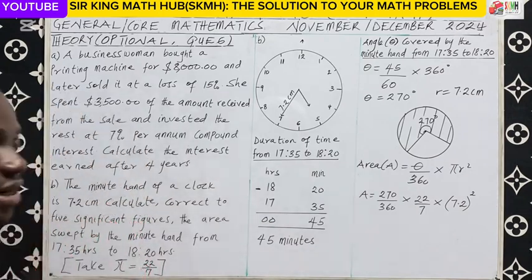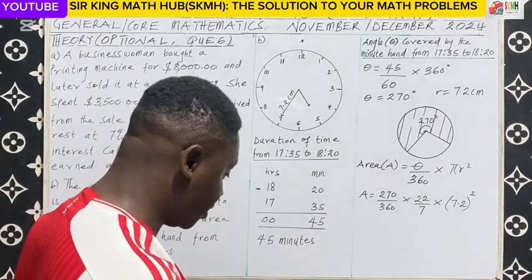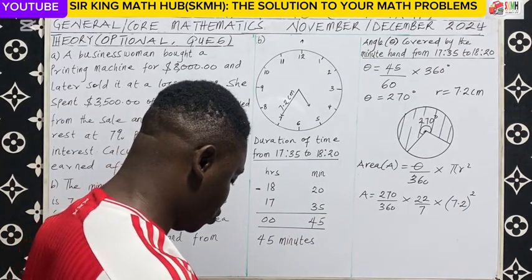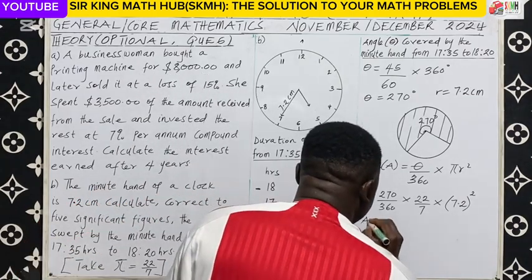So let's simplify this using the calculator. 270 divided by 360 times 22/7 times 7.2 all squared.